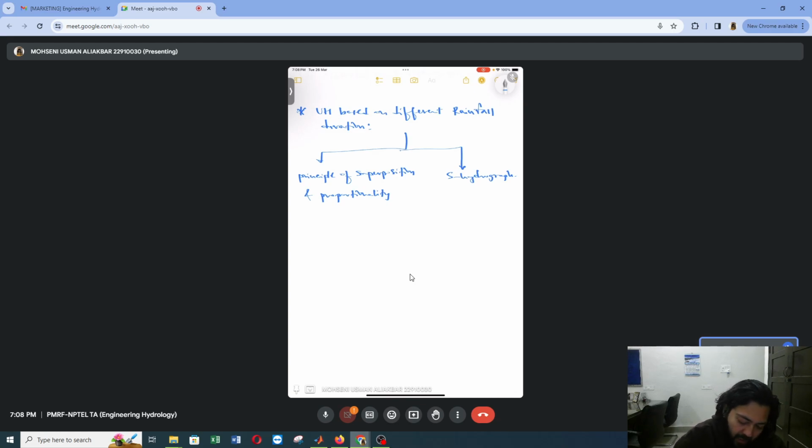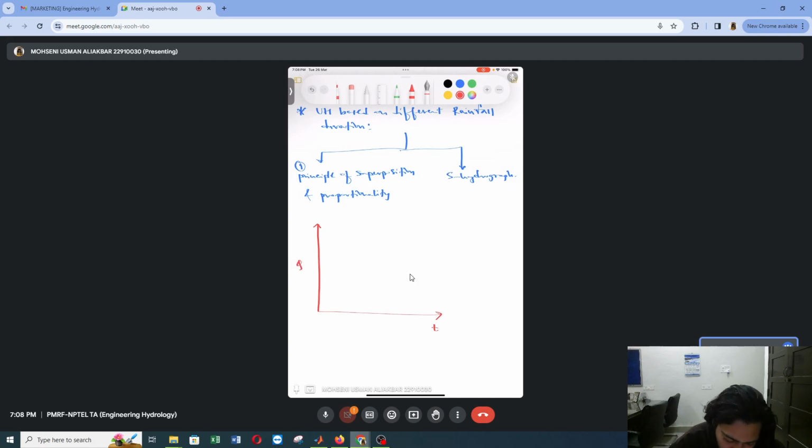Now we will see how we can use the principle of superposition and proportionality in order to derive the unit hydrograph where there are different rainfall durations. So let us see how we can apply this principle. Let us say this is time t, this is runoff q.